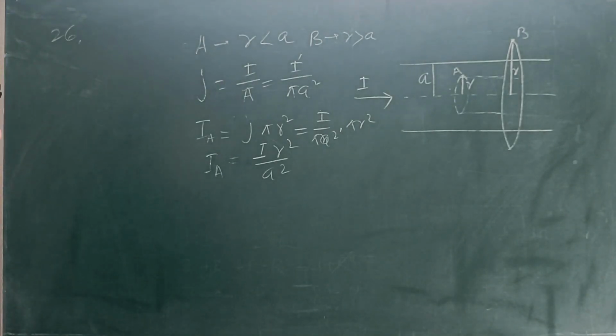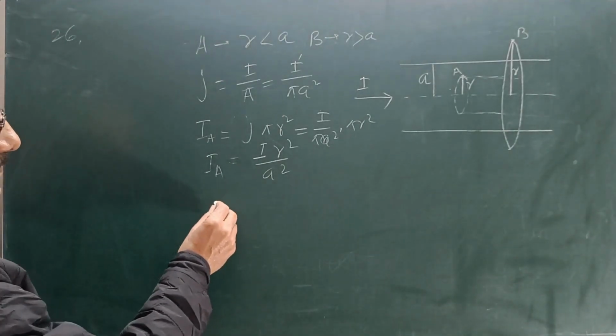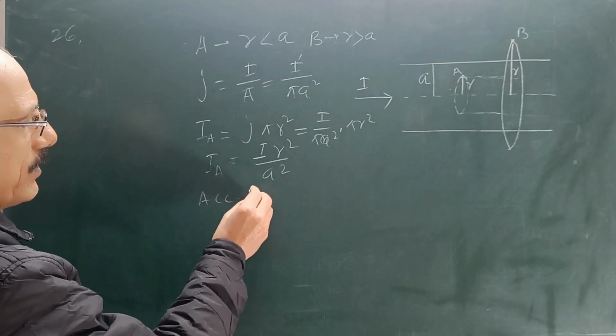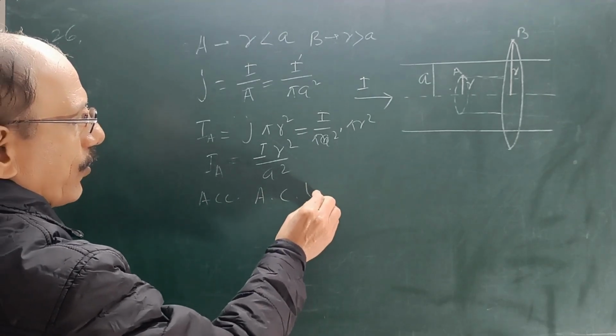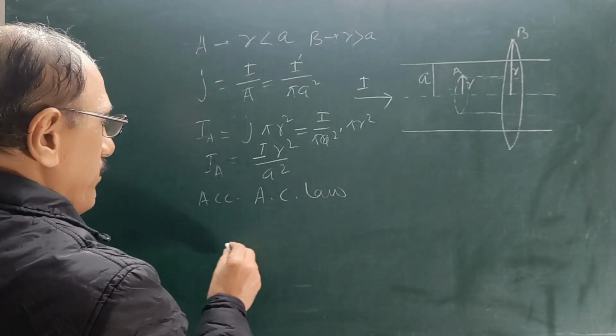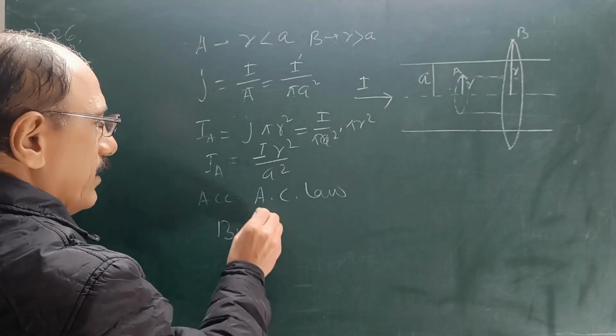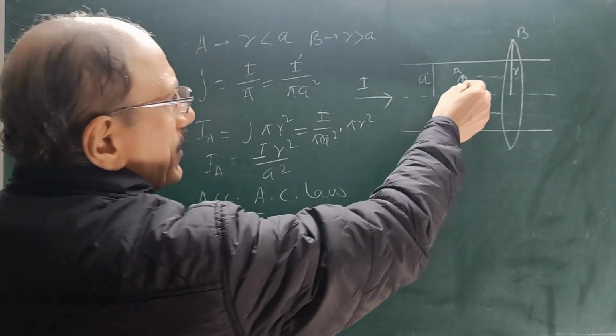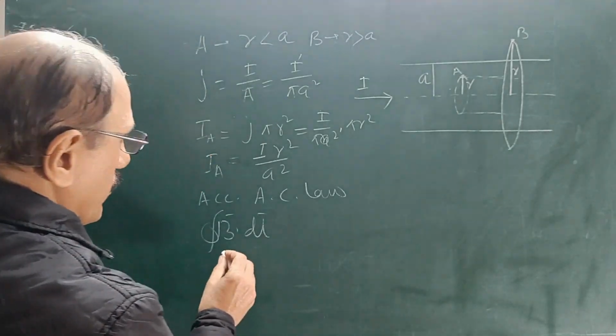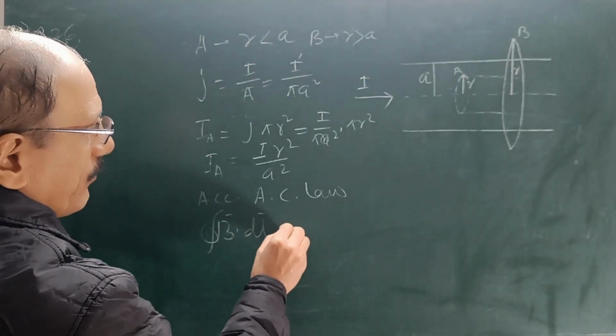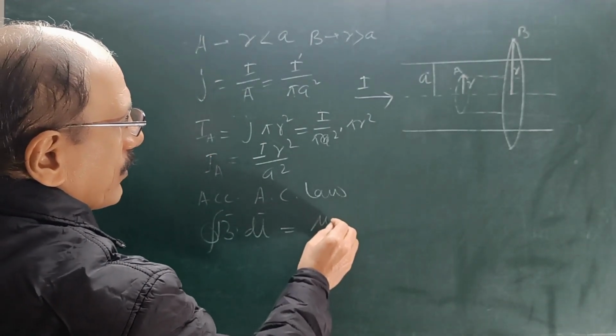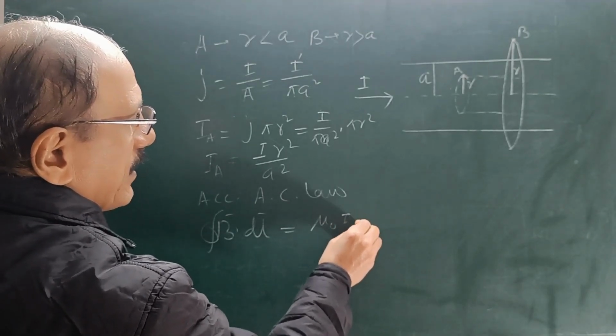Now according to Ampere's circuital law, the closed loop integral of B dot dl, this is the loop, will equal mu naught I_A.